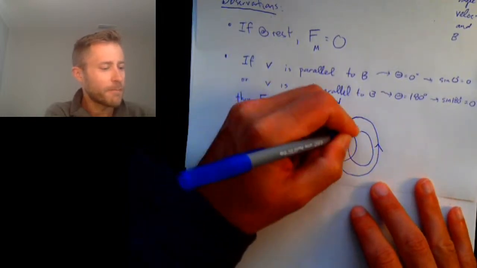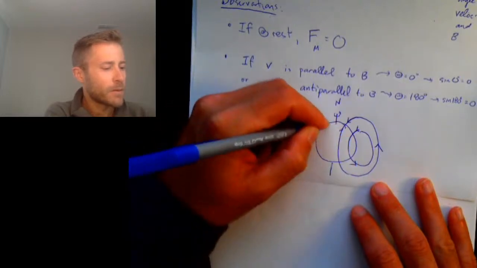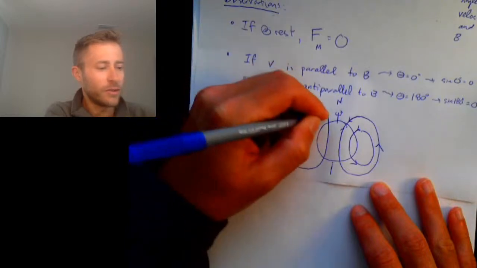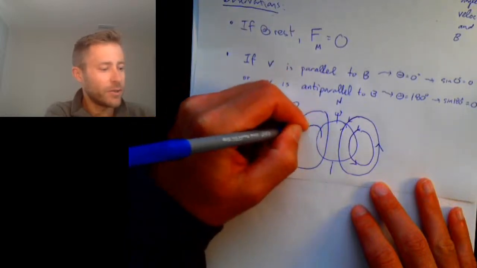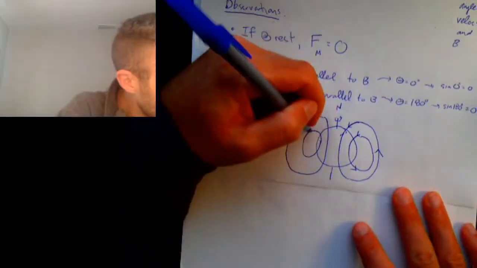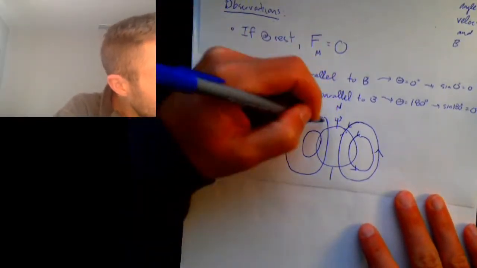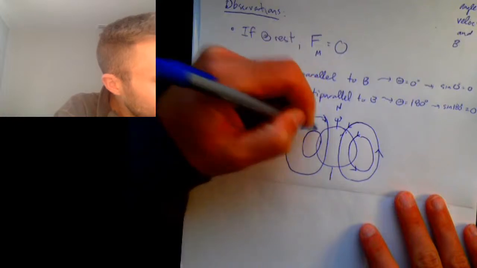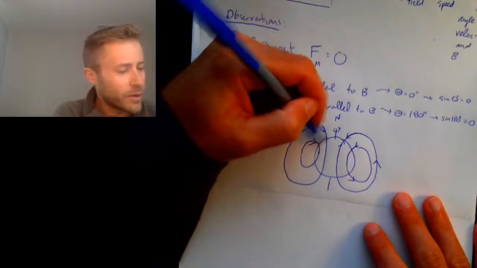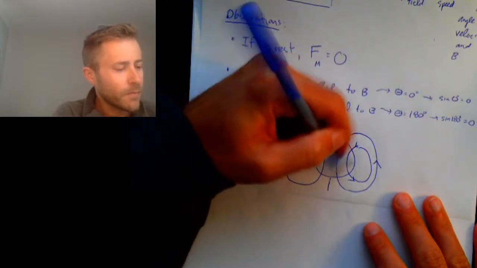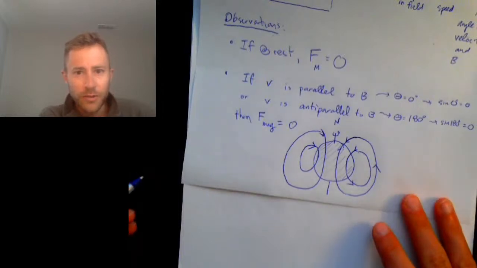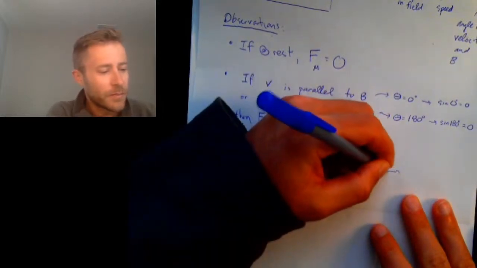Kind of looks like this. These are the magnetic field lines, so analogous to electric field lines. And here's the Earth right here. Now, what if a particle from outer space comes in here?